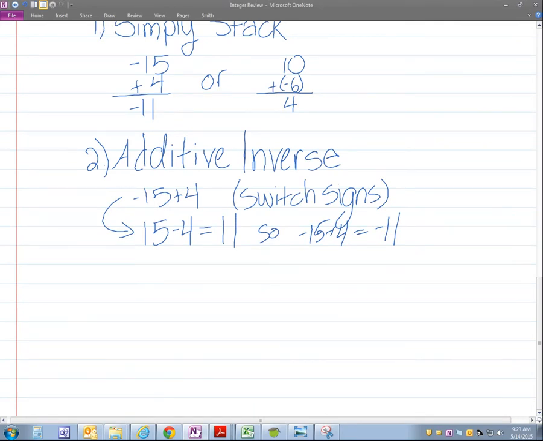Let's pass out the homework and do an example from there. Yep, we're going to have homework. That was just a short little review. For now, we're going to continue tomorrow with subtracting integers. That's just some fun following directions.